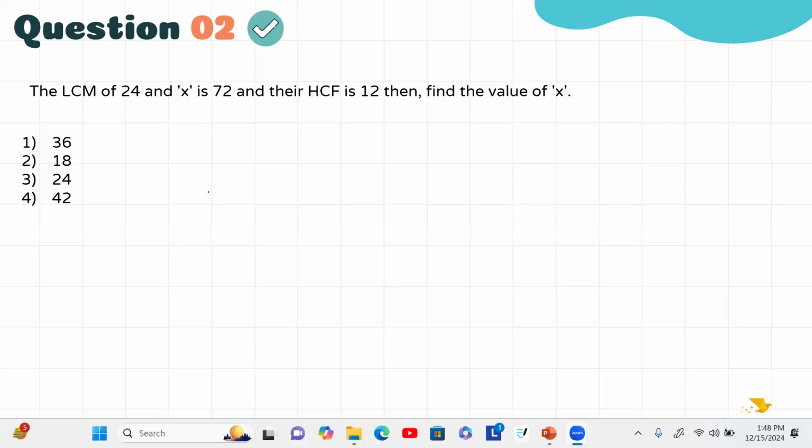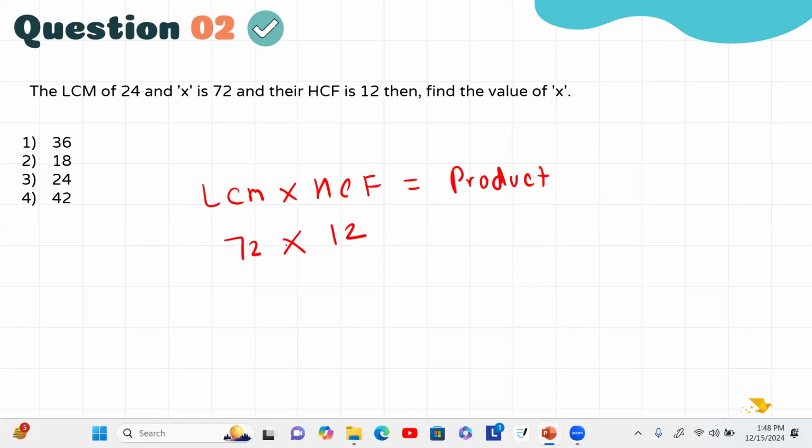So again, the same question. LCM into HCF is product. So HCF is given to us, LCM is given to us, first number is given to us, second number is given to us.